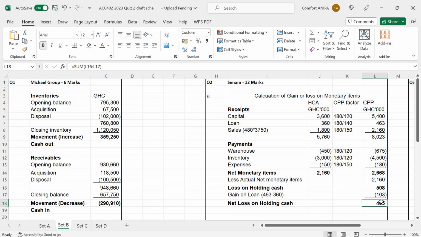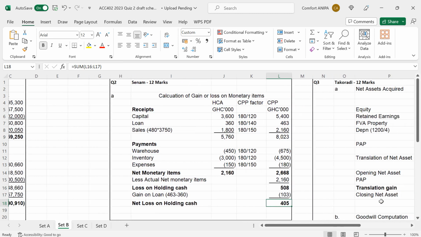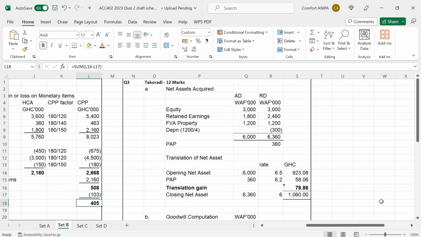And again, the rule is that you should calculate the net asset in the functional currency and the goodwill in the functional currency. Using the appropriate rate, you then translate after you have determined the net asset at the beginning, the post-acquisition profit, and the net asset at closing.